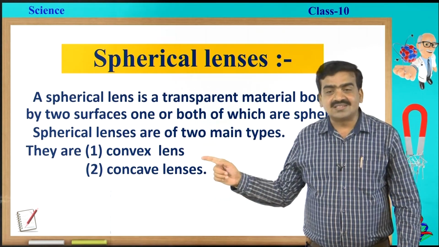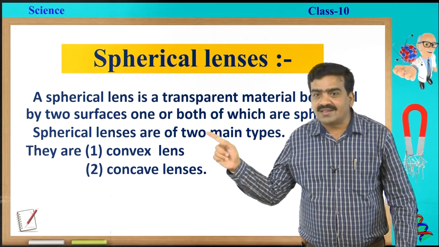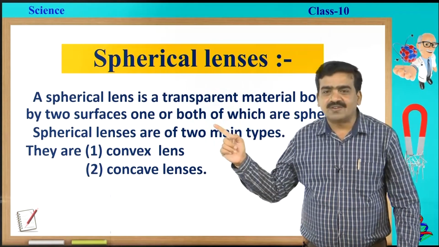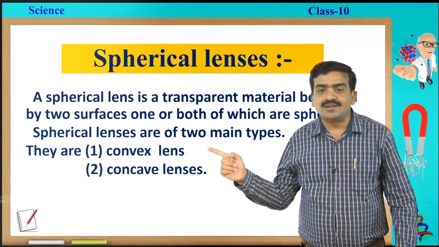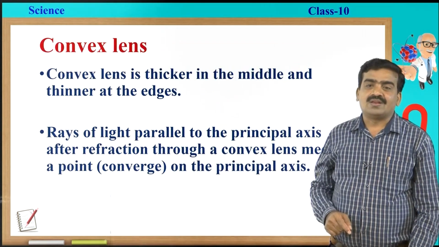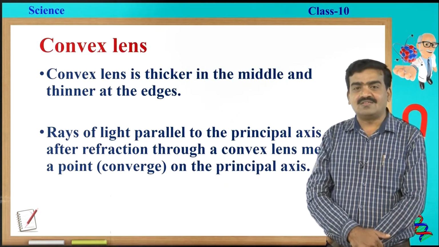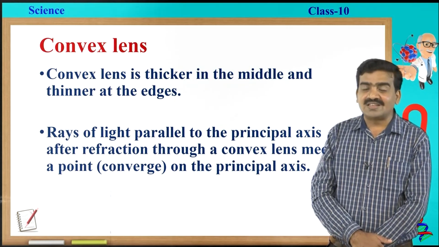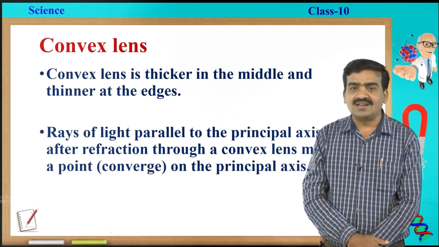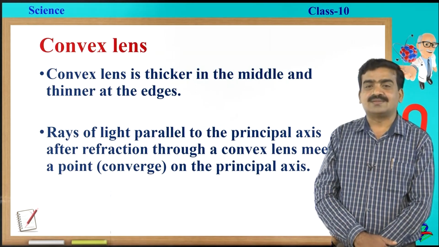So, based on their spherical or curved surfaces, we have classified spherical lenses mainly into convex lenses as well as concave lenses. Now, let us learn the meaning of a convex lens. A convex lens is thicker in the middle and thinner at the edges.